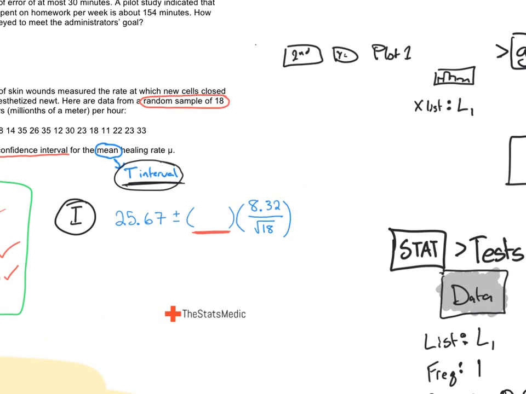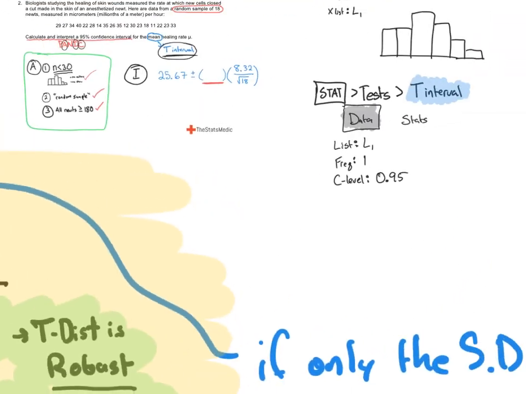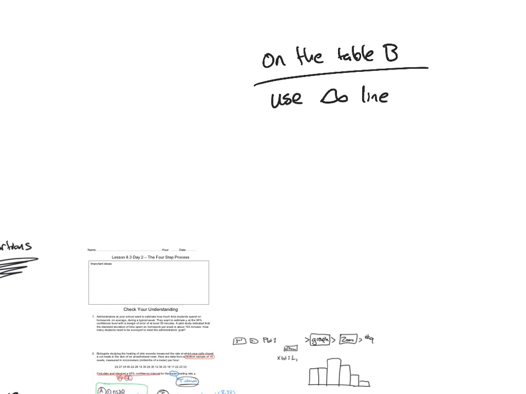So write a little note here. Ooh, I am running out of space. Write a note here that says on table B, use infinity line for all z intervals.